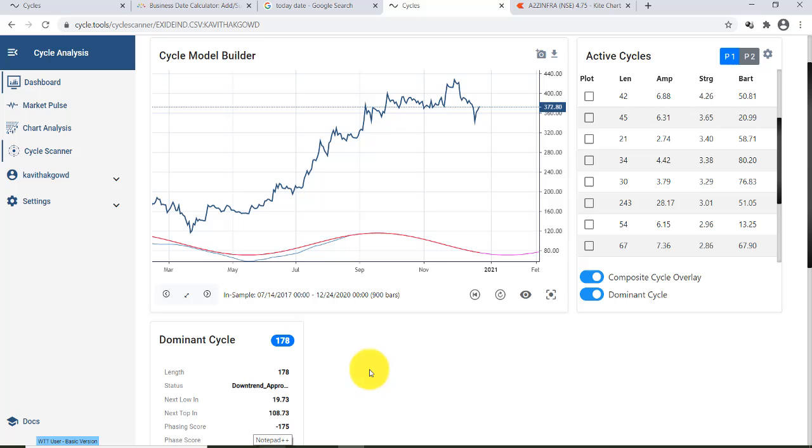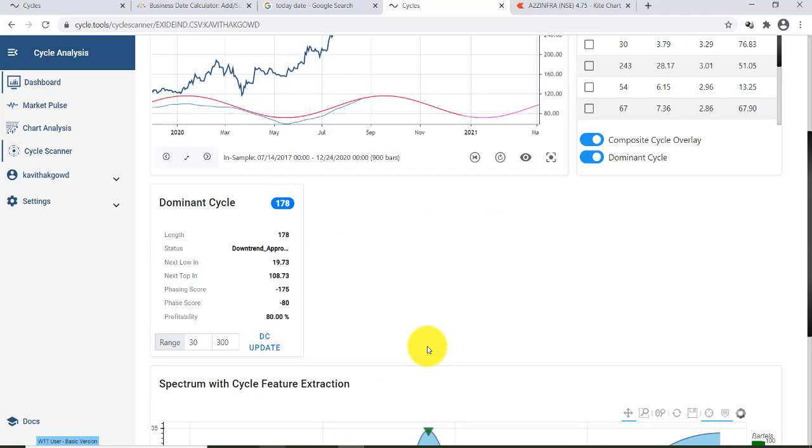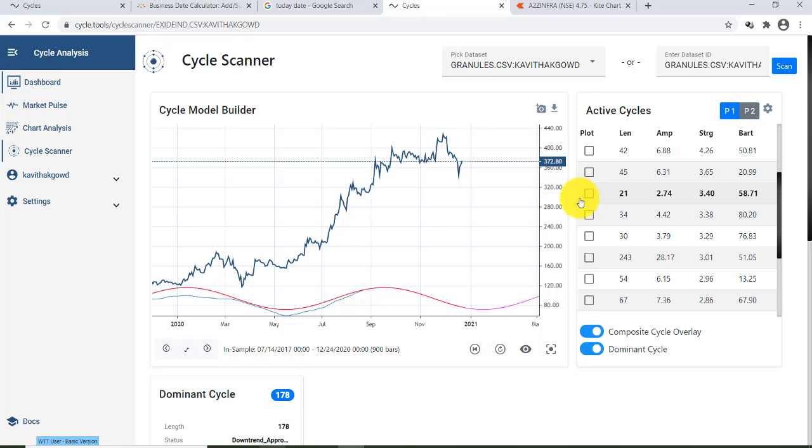So from 28th January, the price will continuously move upwards till 108 days. So this is the benefit of selecting the strongest cycles.